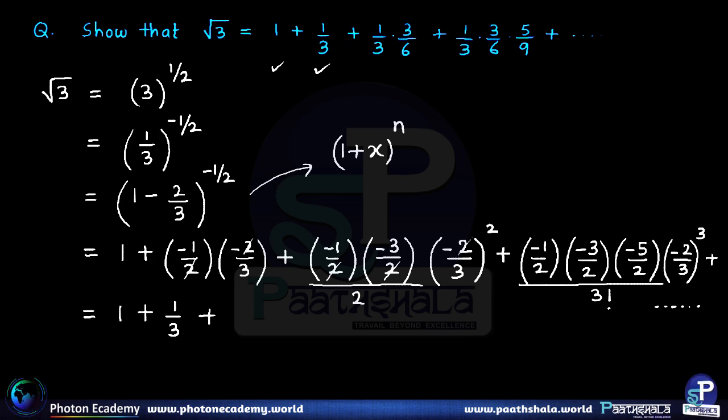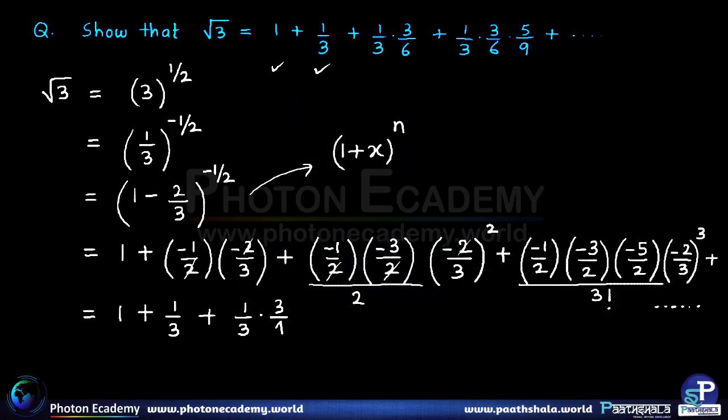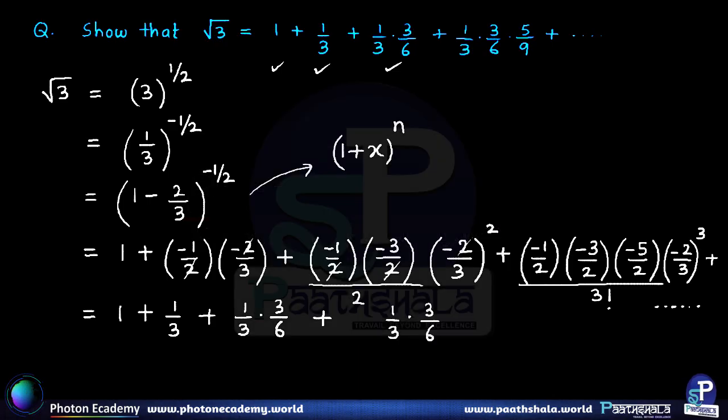Also out of 3 square one of the 3s gets cancelled, but we can still write it as 1/3 into 3/6 because that's the way it's given on the RHS. So we won't cancel everything because we want to adjust the RHS exactly like that. And lastly we can cancel out and finally get the required term, that is 1/3 into 3/6 into 5/9 plus so on. So this is how we get the required RHS.